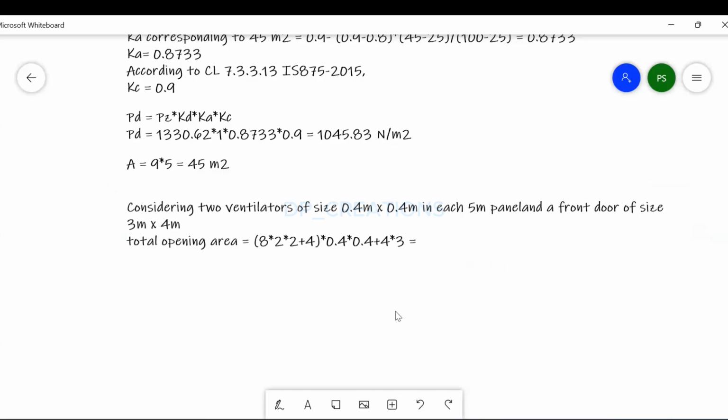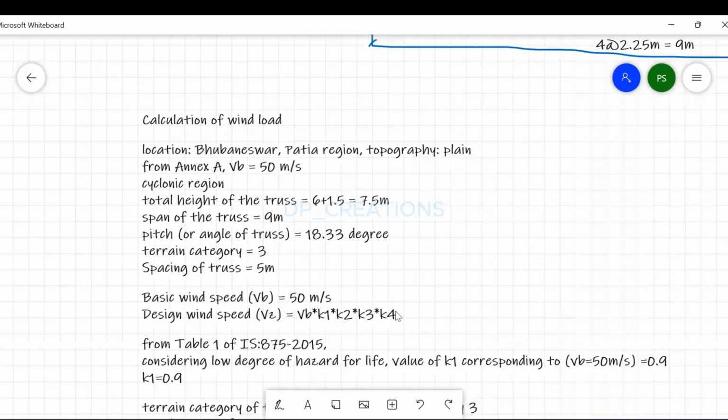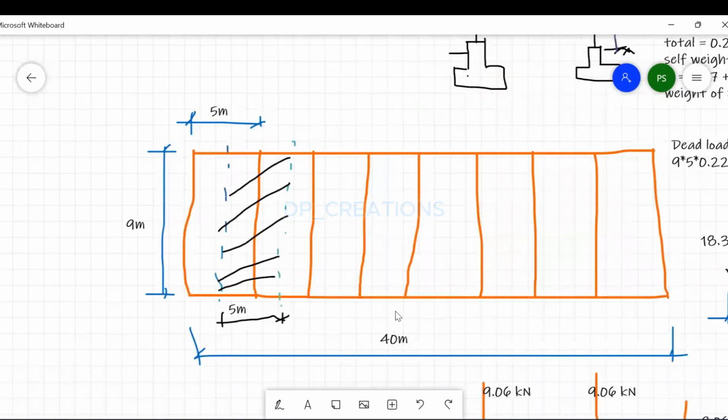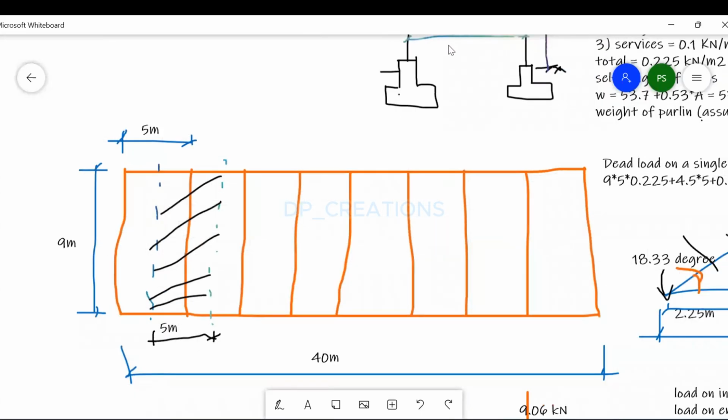So I'm showing the diagram again. So I have provided one door here. Okay. उसका height है 4 meter, width is 3 meter. Okay. And then I provided 2 ventilators at each spacing here, like this. The wall, vertically, not horizontal. This I'm showing the plan, but it is in the horizontal one.